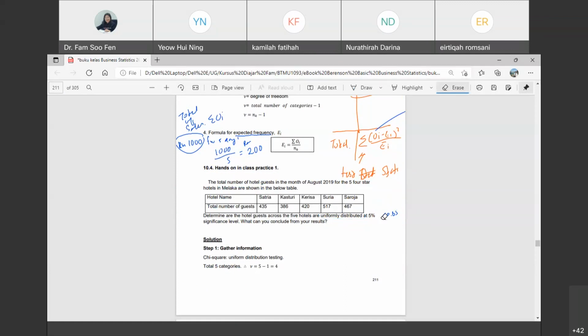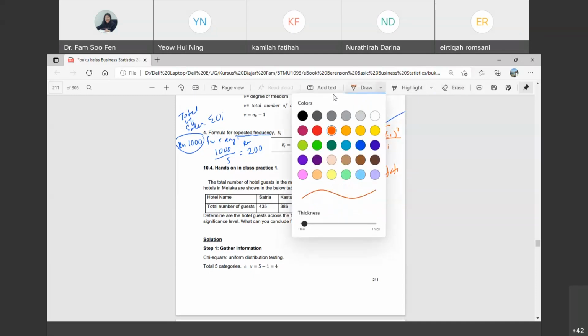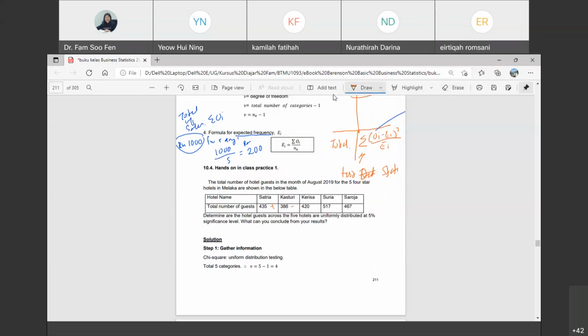If it is uniform, meaning that all the guests who stay in these five hotels should be the same, what we are going to do is add up all the number of guests.